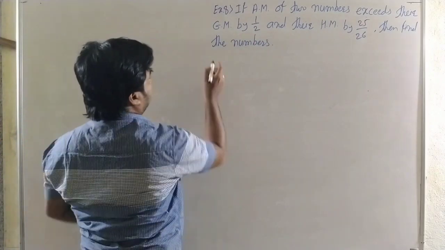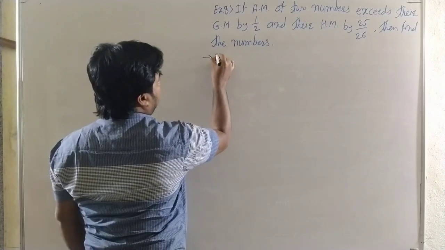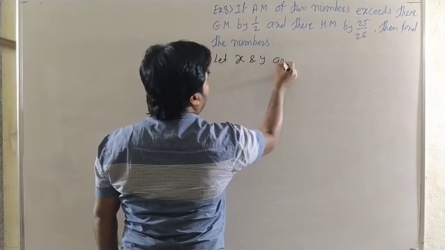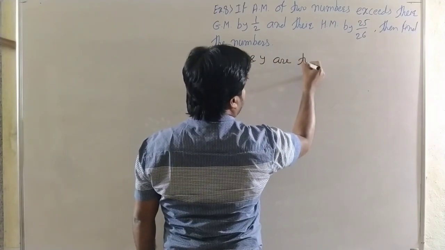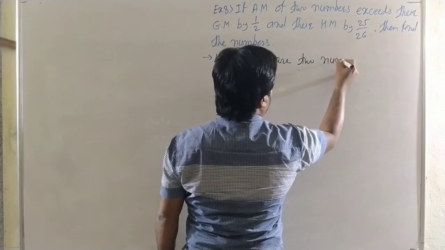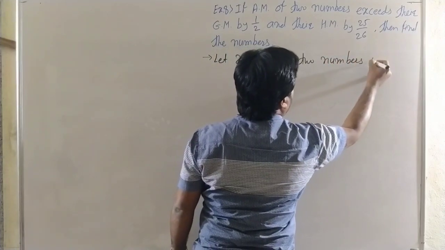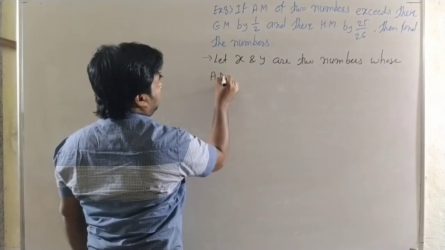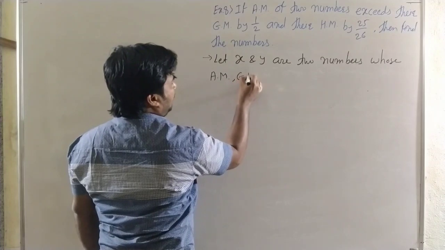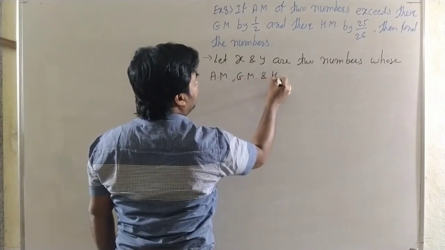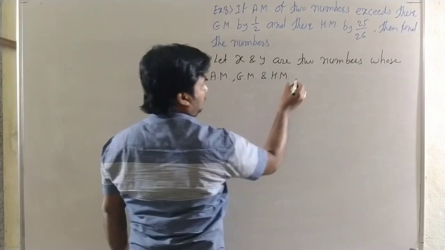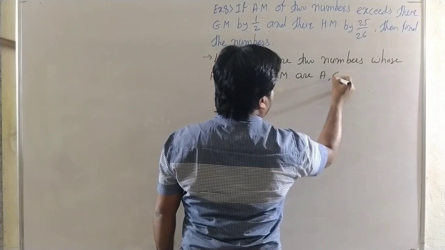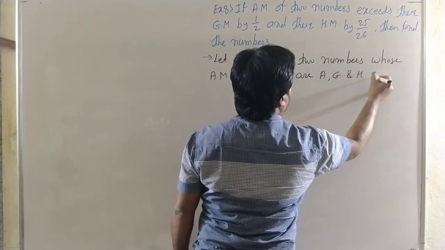Here, let x and y be two numbers whose arithmetic mean, geometric mean and harmonic mean are a, g and h respectively.